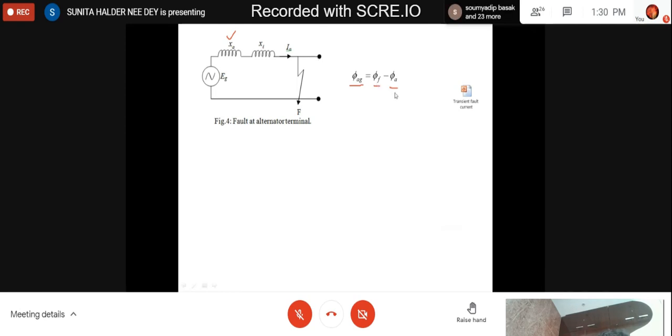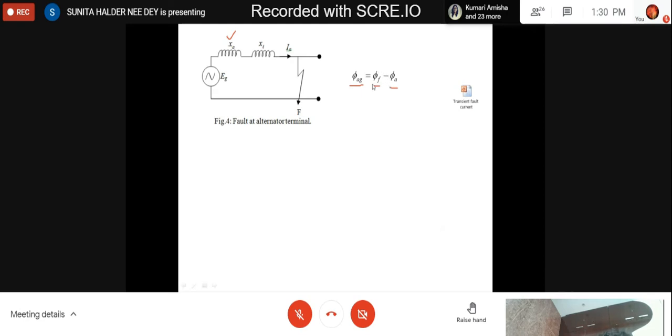So obviously this phi A will go very high, because phi A is the armature reaction flux produced by armature current, and is proportional to armature current. So in result, this air gap flux will decrease drastically, because phi F is constant.